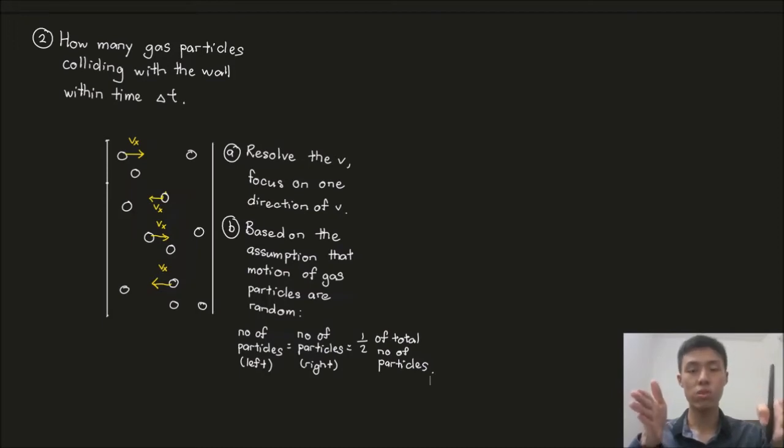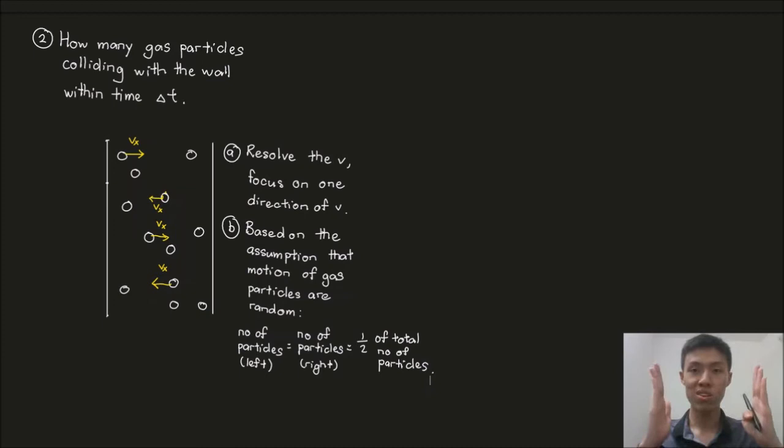We essentially removed the top bottom wall and the front back wall. Now we assume that half of the particles are going to the left, half are going to the right. So those particles going to the left will collide with the left wall. If the particles are going to the right, they will collide with the right wall.